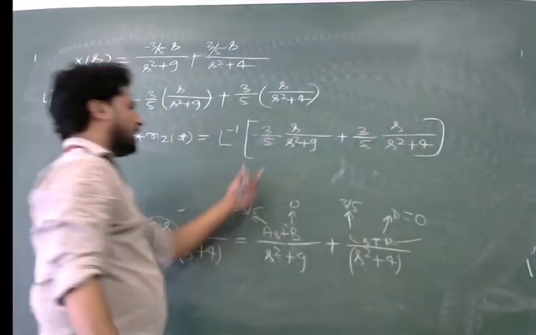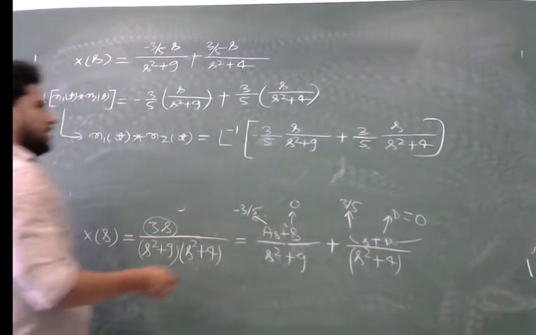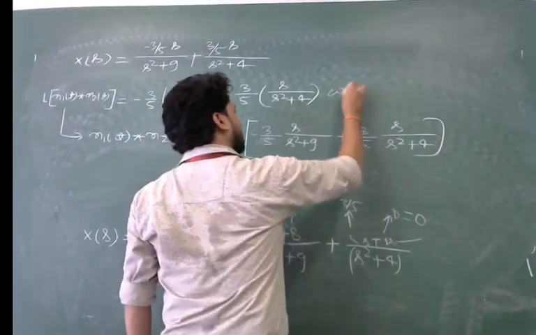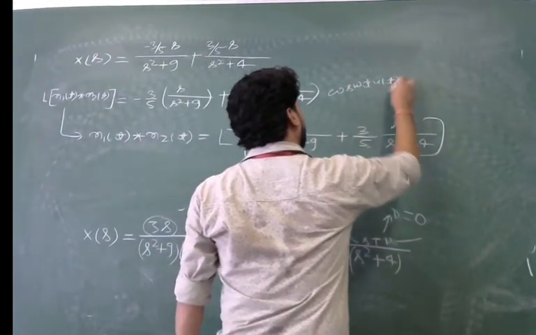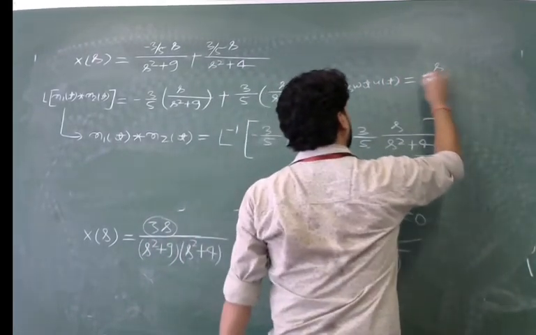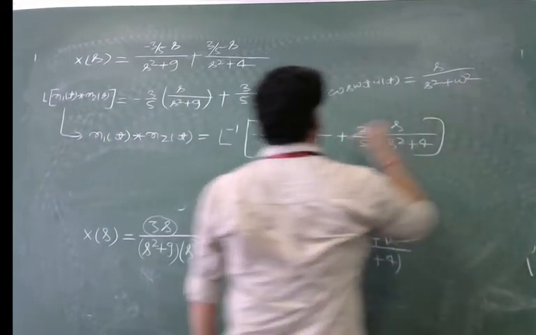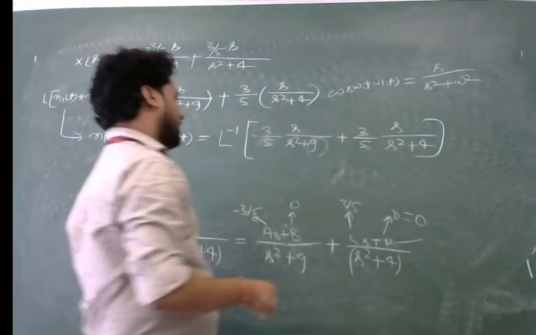We have to get the inverse Laplace transform of this term to get the convolution of x1(t) with x2(t). So if I compare with the Laplace transform of cos of omega t u(t), that is equal to s upon s square plus omega square, in place of omega square it is written 9 here.